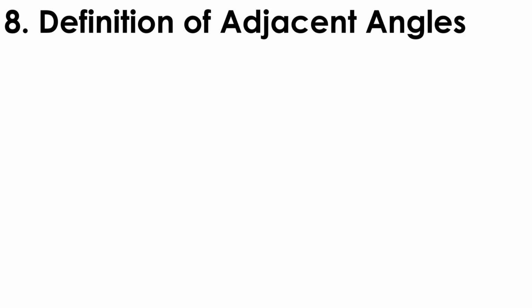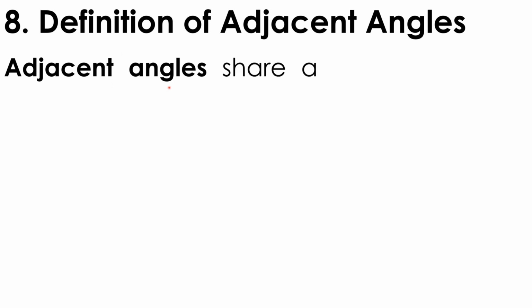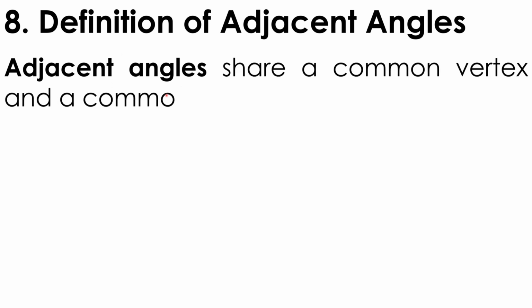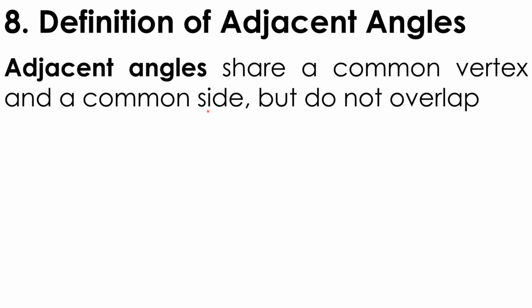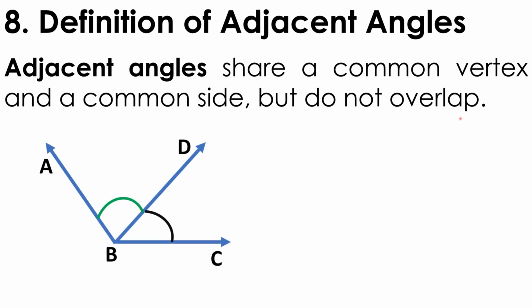Now let's proceed to the eighth definition, which is the definition of adjacent angles. Adjacent angles share a common vertex and a common side, but these angles do not overlap. Now let's have this first figure, angle ABD and angle CBD. These are adjacent angles which have a common vertex B and a common side ray BD.